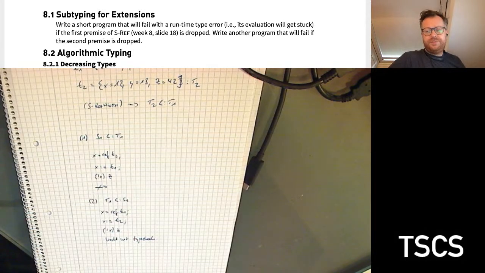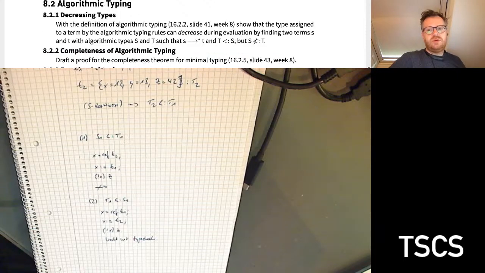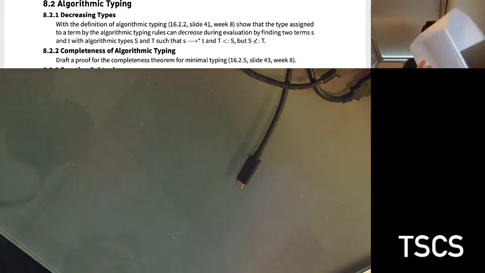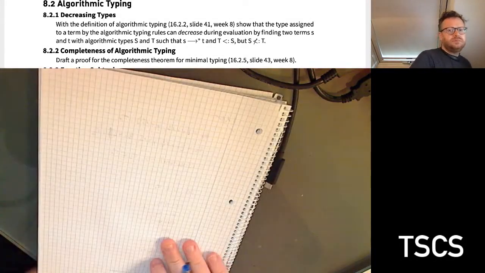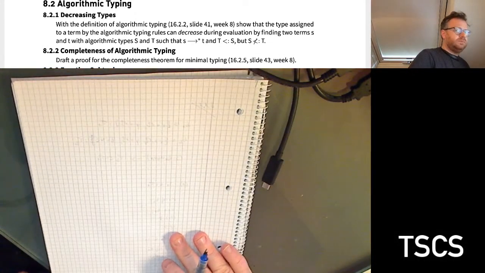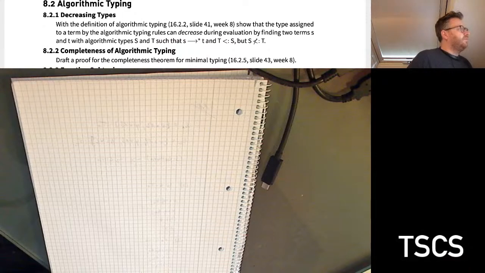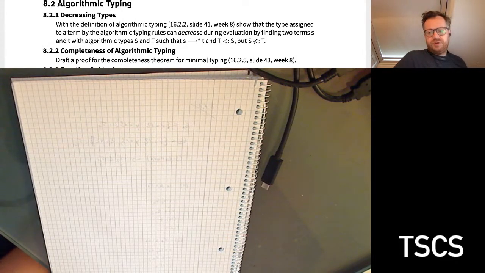Then let's move on a bit to the next exercise. So the 8.2 exercise was all on algorithmic typing, with the definition of algorithmic typing on slide 41 of week 8, which should read week 7, I believe.